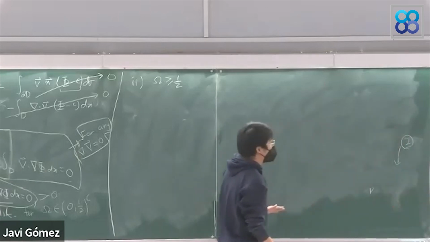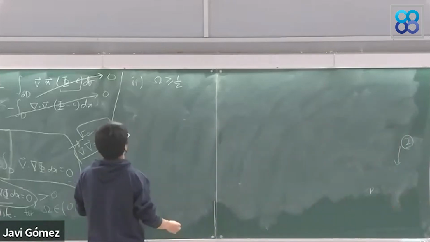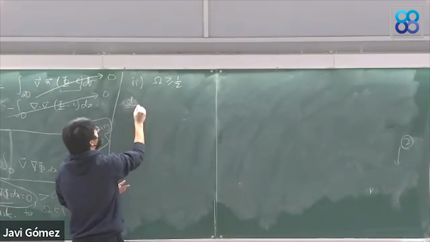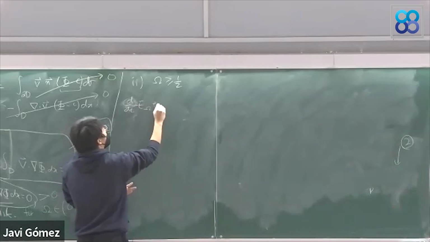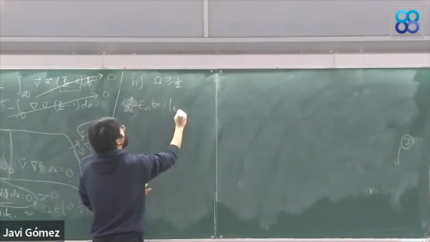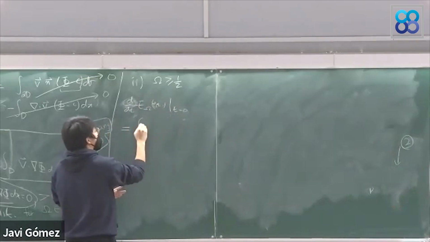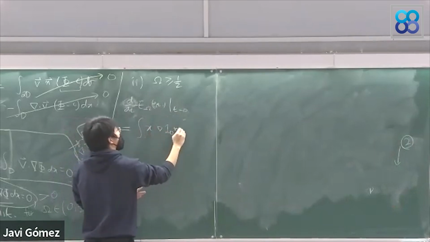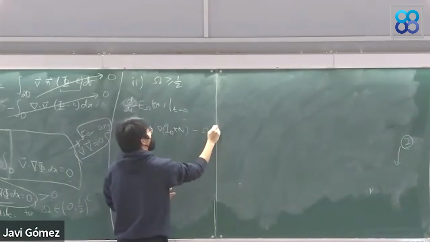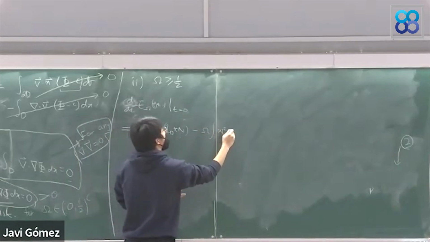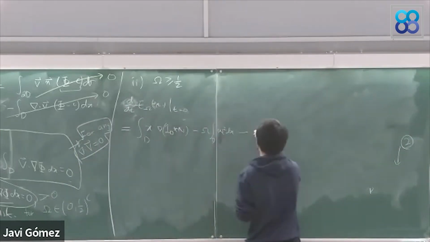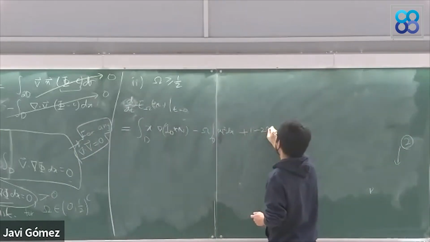I'm sorry, I erased the first variation that we just computed, but there was something like 1 minus omega x squared dx and d on d, and it was plus 1 minus 2 omega.